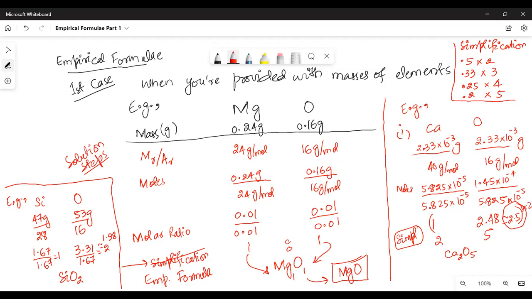I hope that makes sense. This is more of a mathematical work than it is chemical. Make sense? Yes, sir. Any questions so far? No, sir. Okay, good.